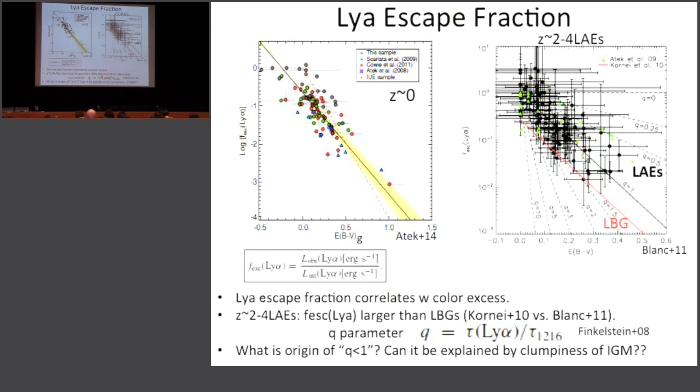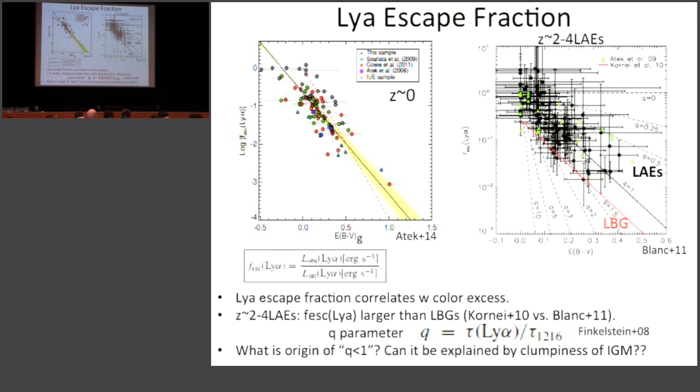Steven Finkelstein introduced the Q parameter several years ago, and the Q parameter is defined as the optical depth of the Lyman-alpha divided by the continuum optical depth at 1216 angstrom. So if the Lyman-alpha extinction is the same as the continuum, then Q should be unity.